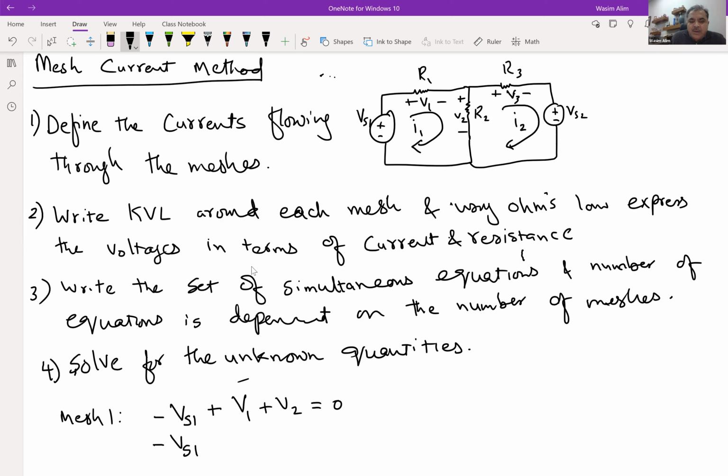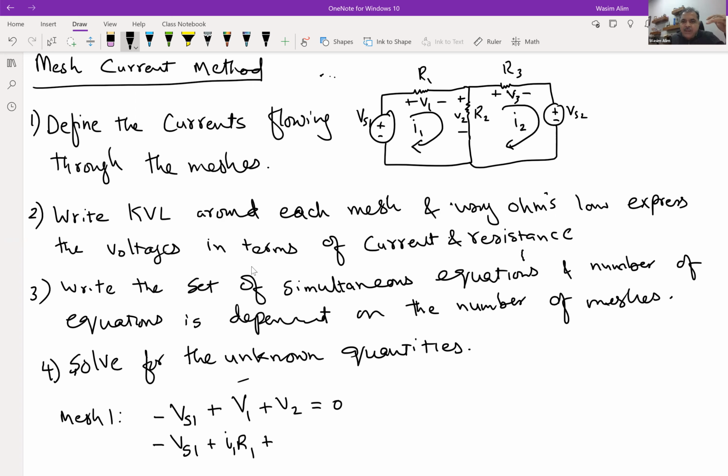The voltage V1 can be expressed as V is equal to IR. So it's going to be I1 R1. The V2 is going to be expressed next. In the R2, there are 2 currents going across.